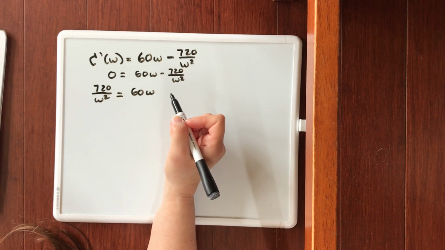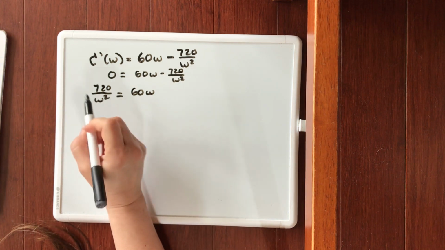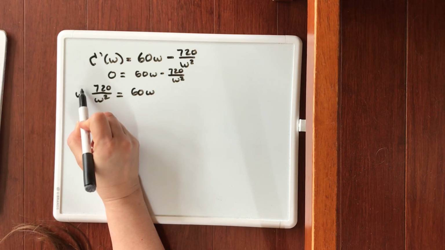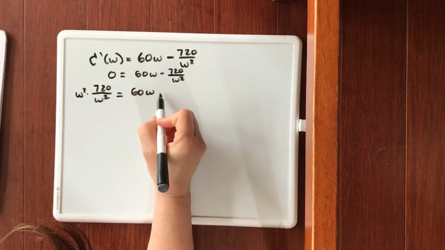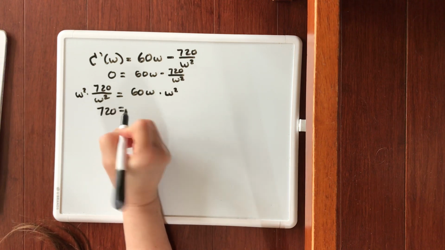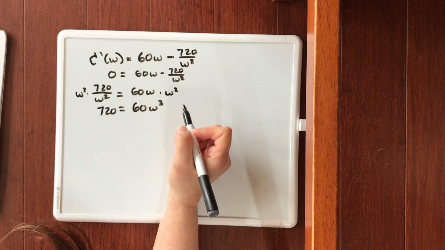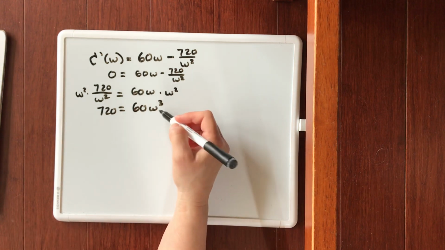Okay, now we have to solve. What are we going to do to solve? Well, I'm going to multiply W squared on both sides. So I'm going to multiply it here to get rid of that. I'm going to multiply it here. So we have 720 is 60 W cubed. Okay, we want to get W alone.